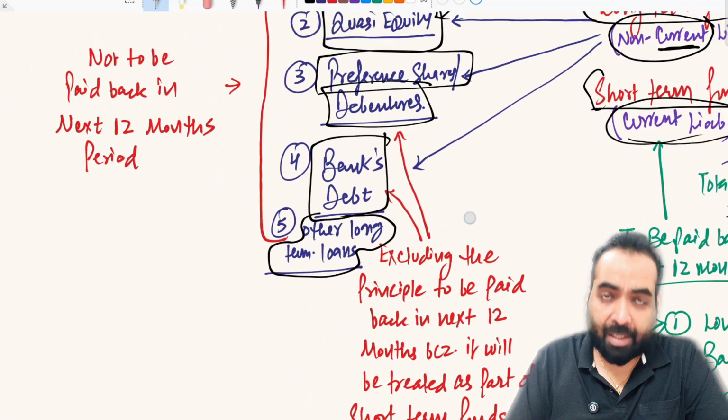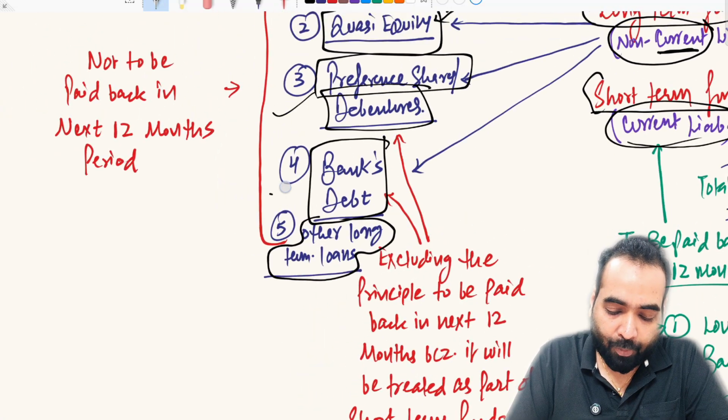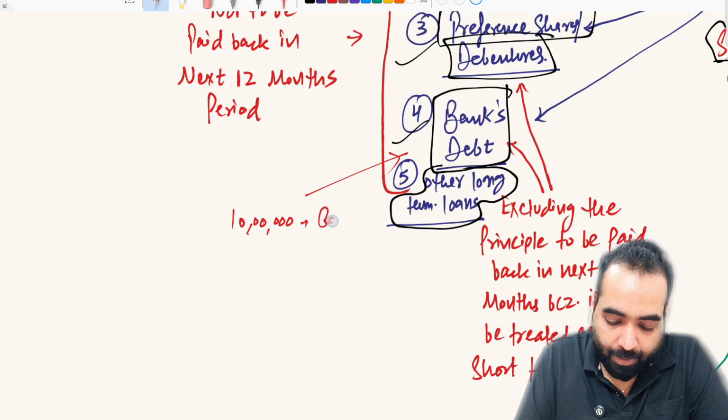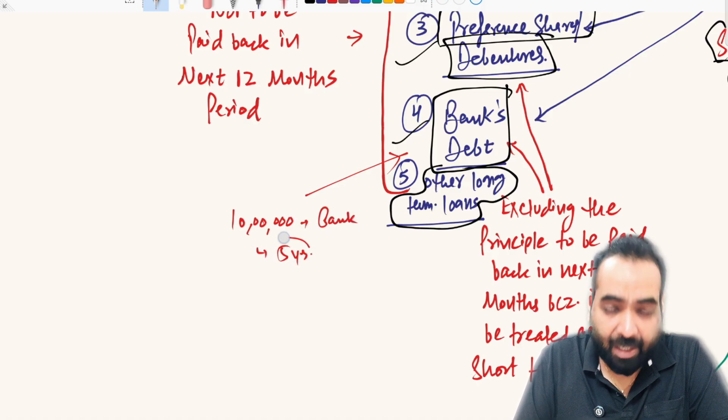There is one thing that you need to understand in point number 3 and point number 4. Suppose you have taken a loan of 10 lakh rupees from the bank, and it is to be paid back in 5 years.